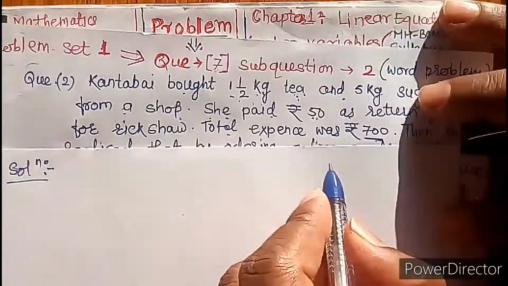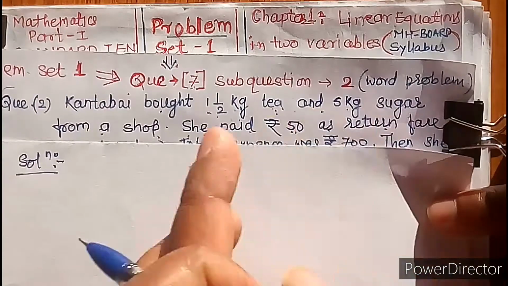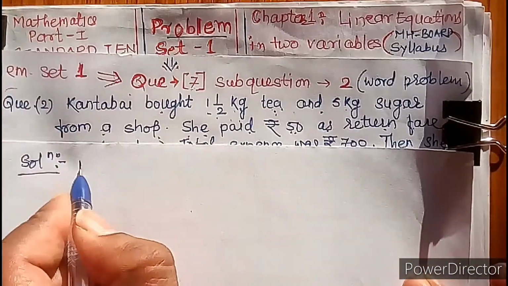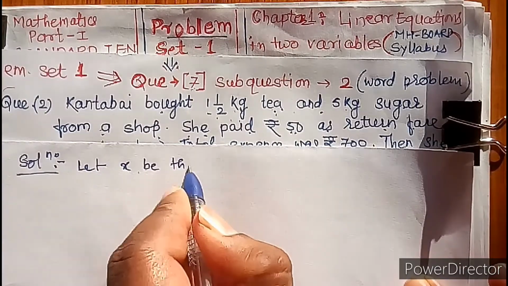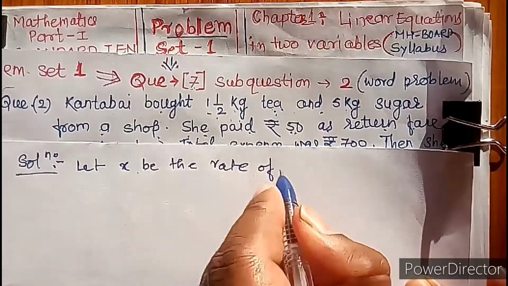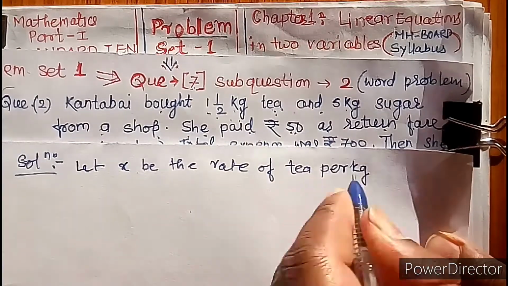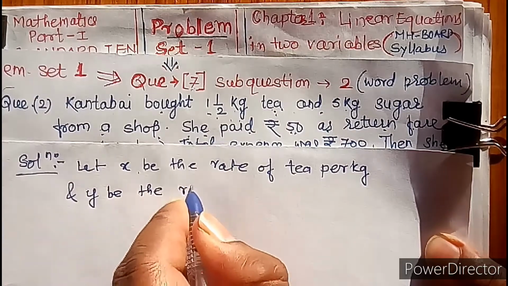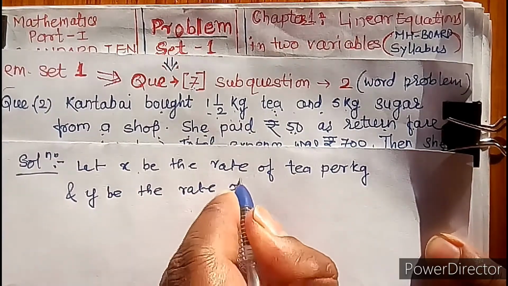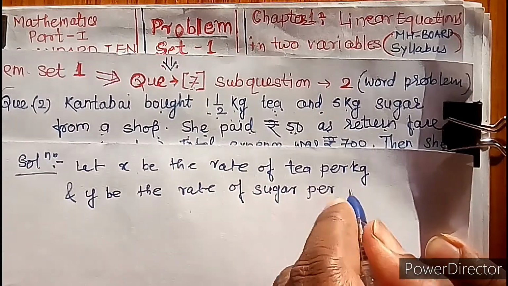we don't know the rate of the tea and we don't know the rate of sugar. That's why we are assuming, let x be the rate of tea per kg and y be the rate of sugar per kg.